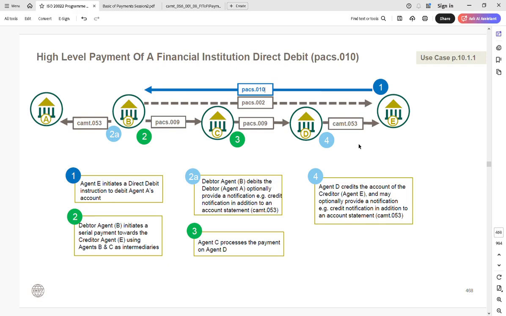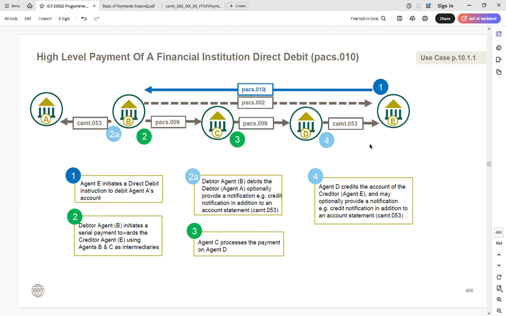See, once your request has been sent from E to A, the payment should move out, right? How is this payment going to move? Once the request has been sent, on a particular date and time, the amount should be deducted, direct debit, right? So that amount will be sent from A to B, B to C, C to D, and D to E only.